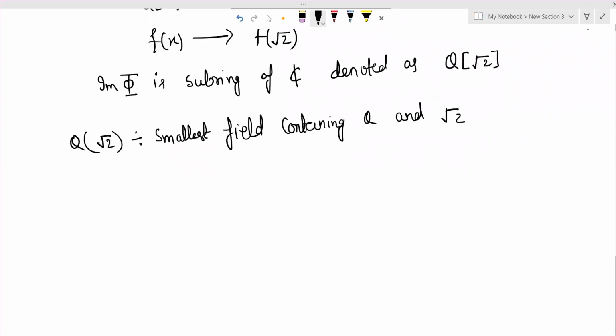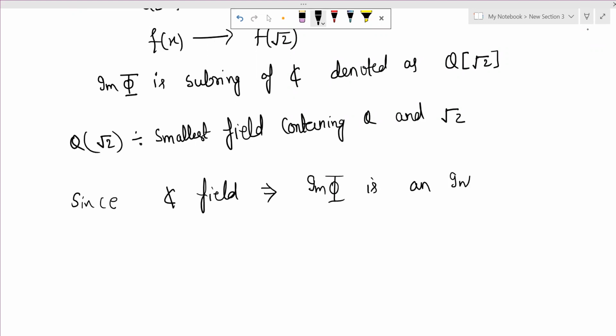Okay, if not, then let me say. So you know C is a field. Since C is a field, this implies the image of phi is an integral domain, right?